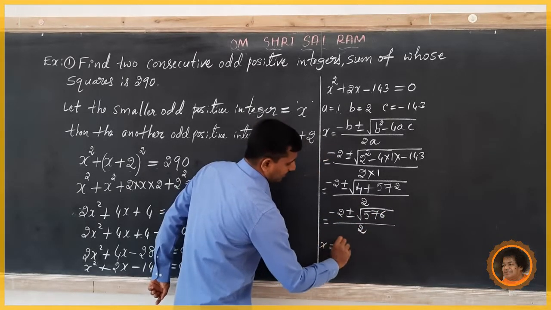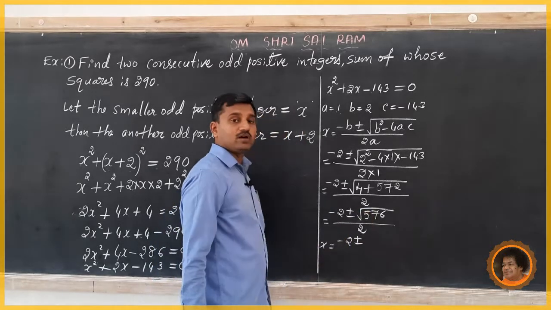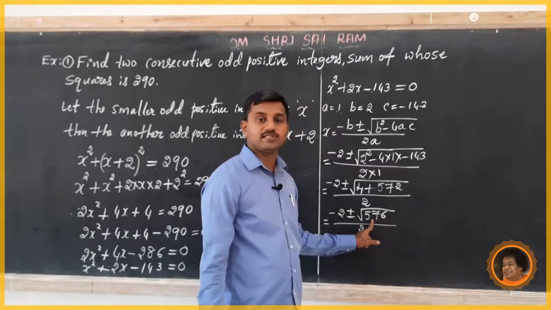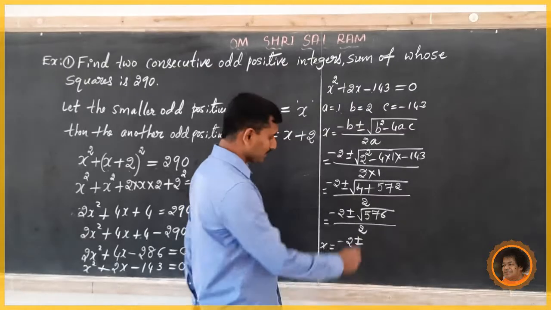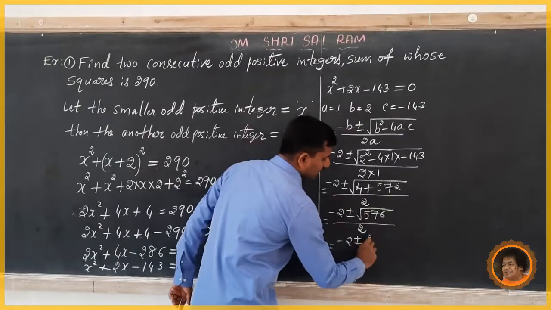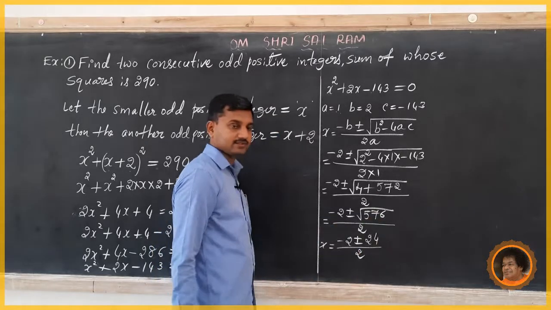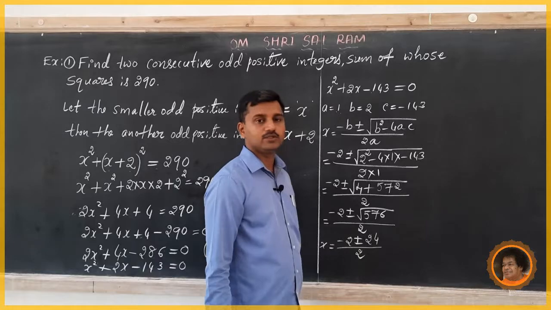Or x equal to minus 2 plus or minus square root of 576. So remember, 576 is a perfect square number. So what is the square root of 576? Square root of 576 is 24, divided by 2. So this is the x, minus 2 plus or minus 24 divided by 2.